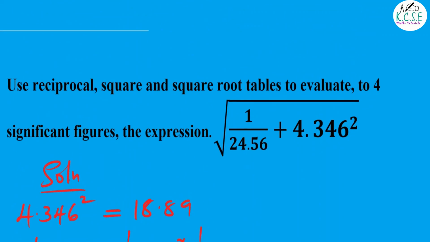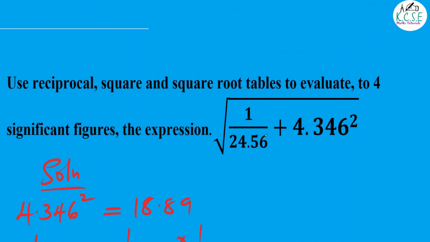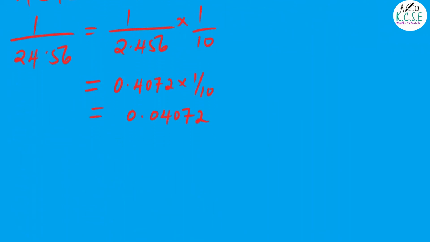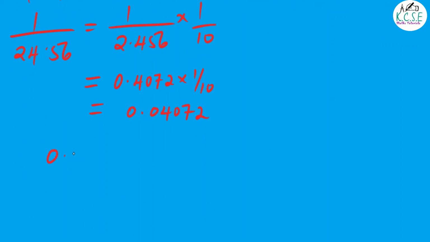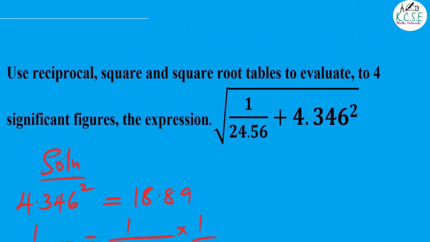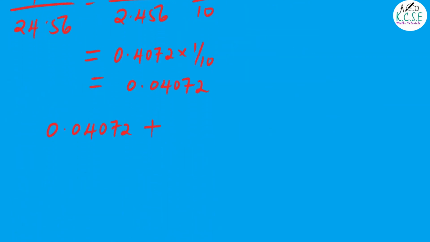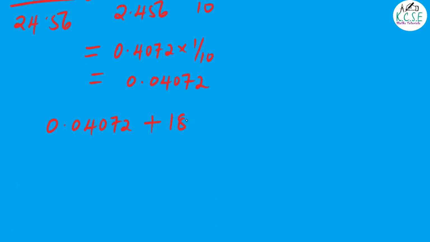Now what you need to do is to add. So we have the reciprocal of this 1 over 24.56, which is 0.04072, plus we have the square of 4.346, which is 18.89, and now we are remaining with the square root.